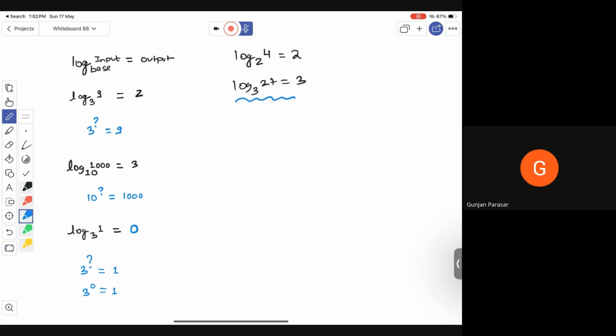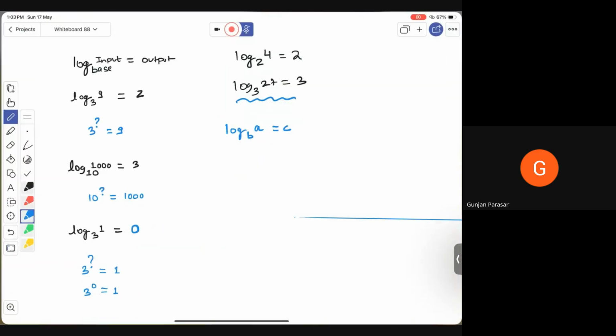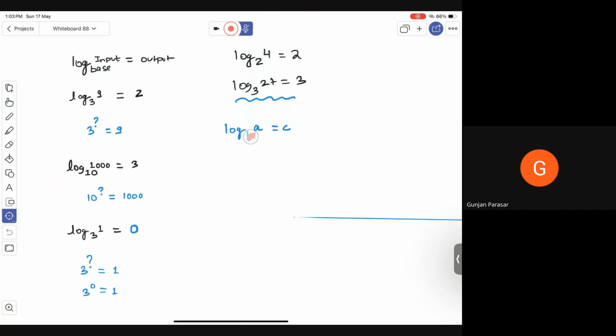If log having base b input a is equal to c, compare this one with this one. So if log having base 3, maybe I'll write that old one, log having base 3 input 9 is 2. If that is so, then is it not correct to write 3 squared is equal to 9?